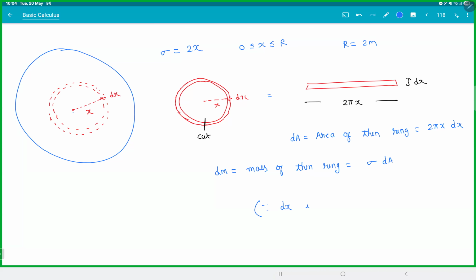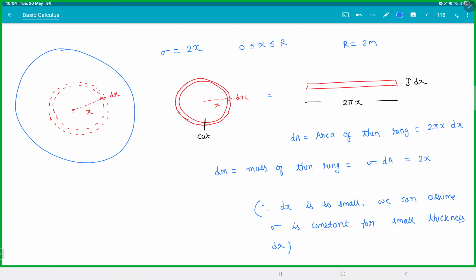Since dx is so small, we can assume sigma is constant for the dx thickness. Just like we assumed y is same for the dx thickness in a rectangle. Clear?